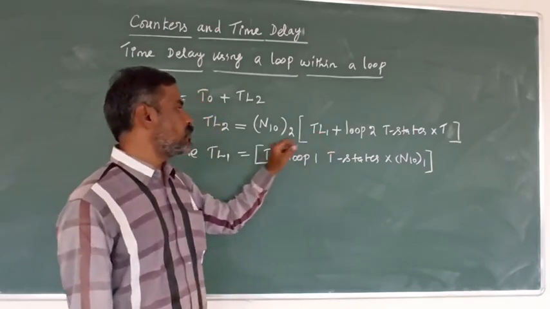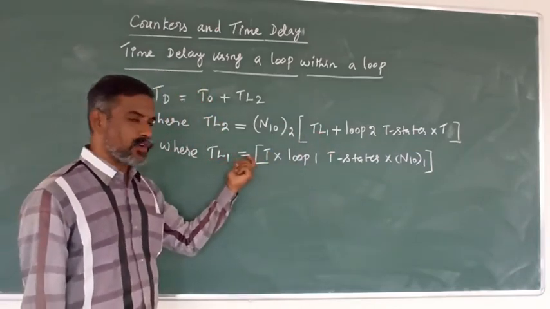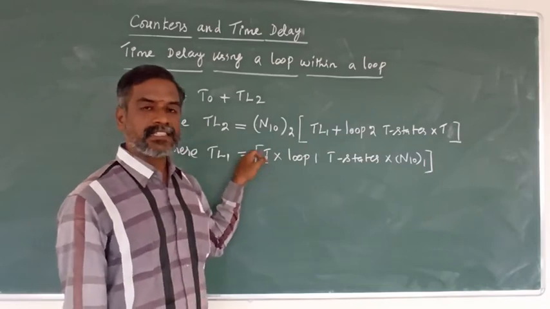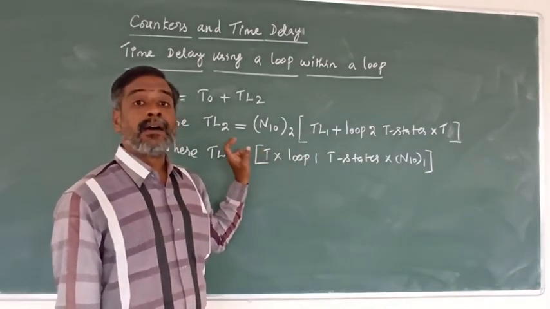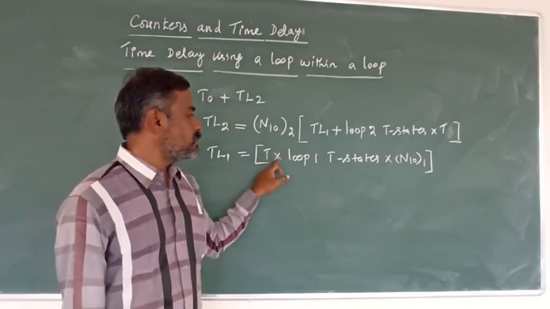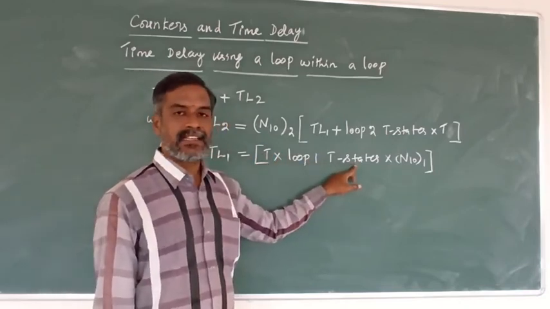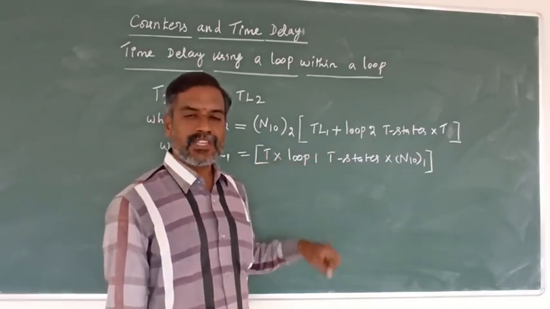How to calculate loop 1? TL1 equals the time period of the microprocessor into loop 1 T states. How many T states does it take to execute loop 1?